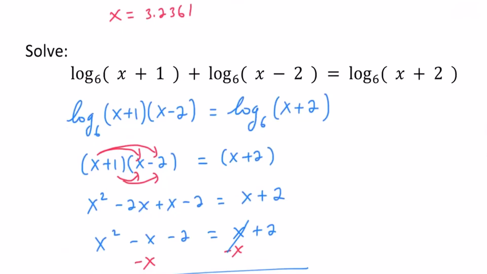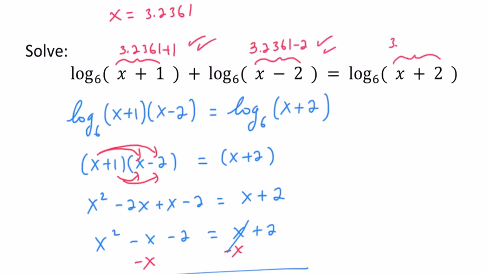So here we have 3.2361 plus 1, which is positive. So this one is good. And then we have 3.2361 minus 2. It is also positive. That one's good. The last one here we have 3.2361 plus 2, and it is positive.